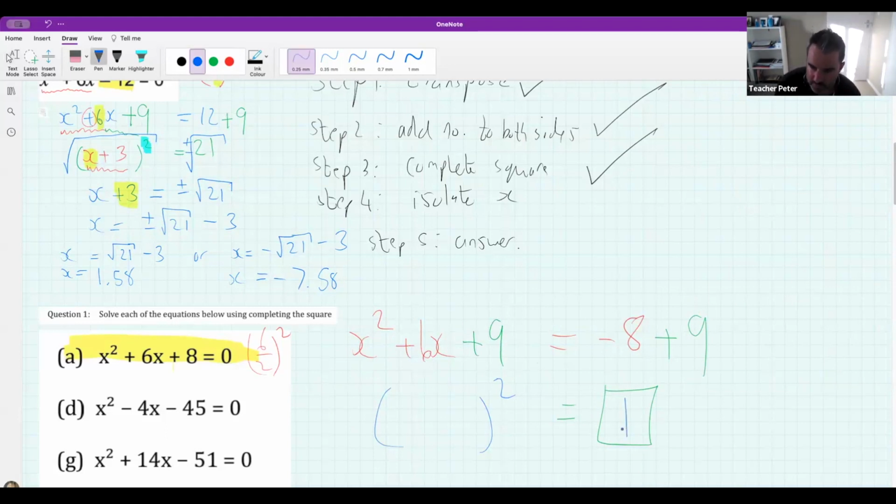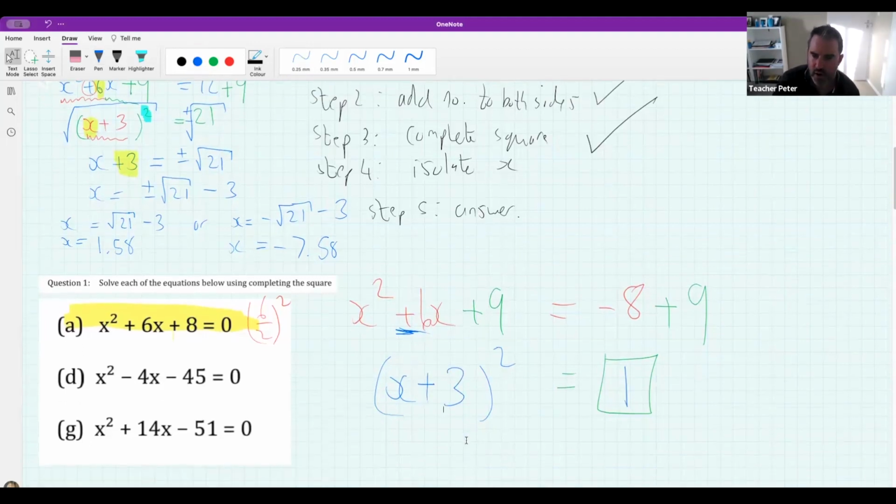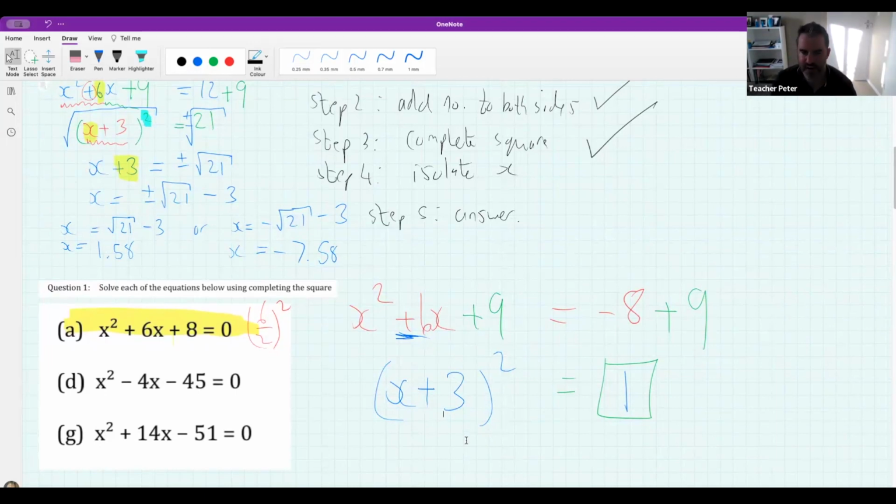Exactly, Gemma. What a wonderful number 1 is. Nice and simple. And then on this side, we have an x. Now, because the middle term has a plus sign, this will always have a plus. Now, I want you to solve for x. Get me my final answers. What is my final answer here?